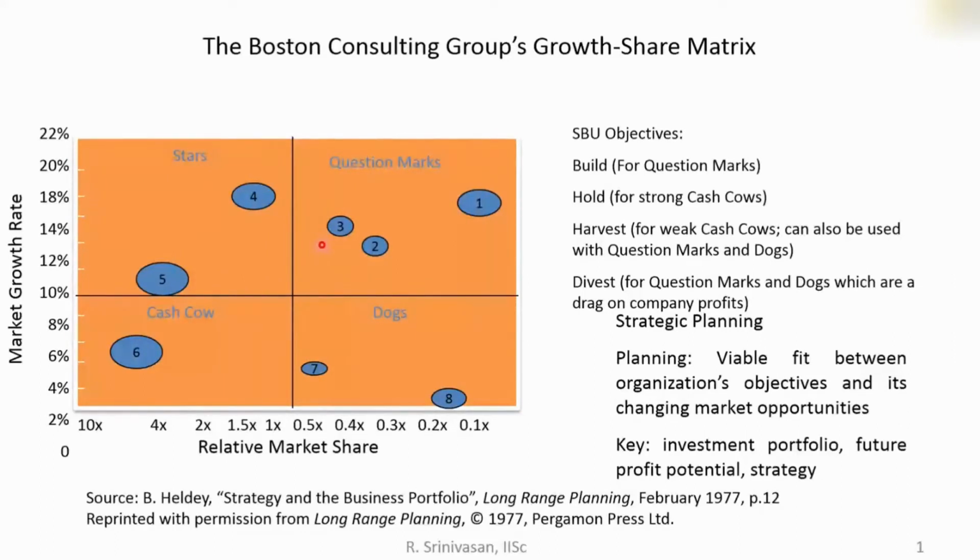Whenever an SBU is in the question marks stage, depending upon how strong it is, you pump in money to build that market. So the SBU objective for question marks should be to build. You want that SBU to move from question marks to stars. You don't want it to go away.